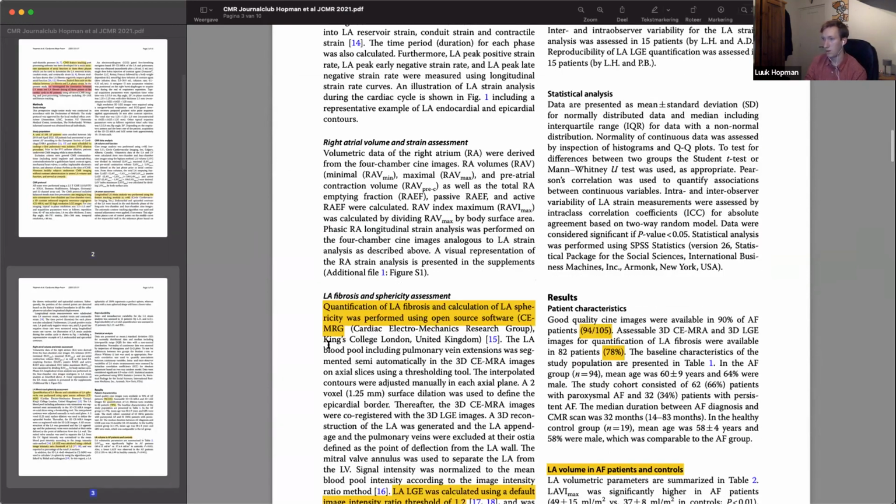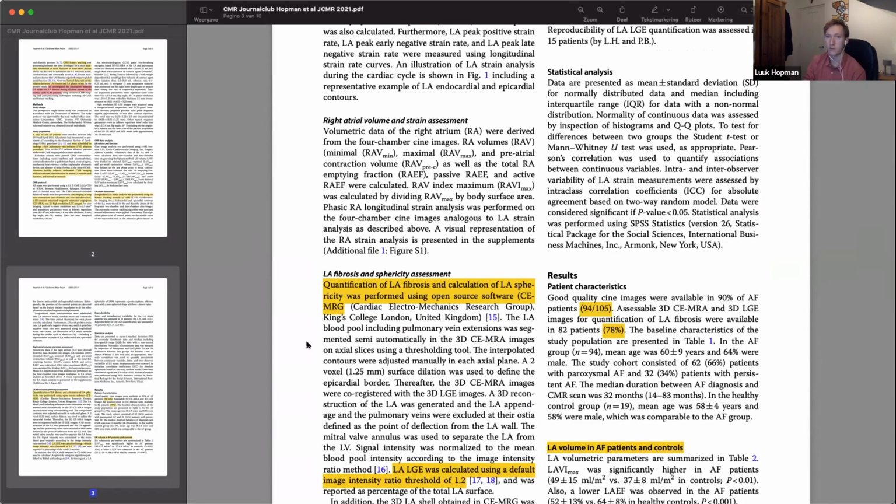Quantification of left atrial fibrosis was performed in open source software CMR, and left atrial fibrosis was calculated using a default image intensity ratio threshold of 1.2.